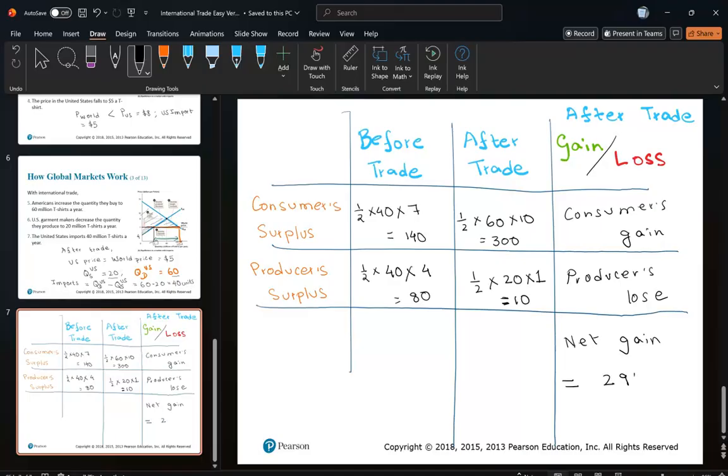So you have 290, that's greater than 0. That means the net gain is positive after trade. Okay, this is why a country will import from another country. Next part, we'll look at why a country will export to another country.